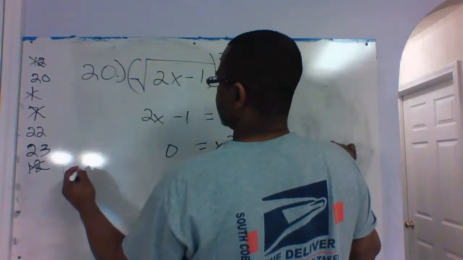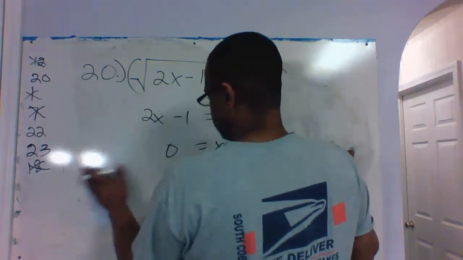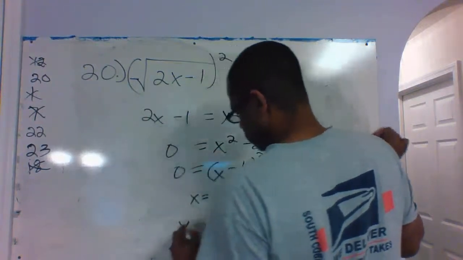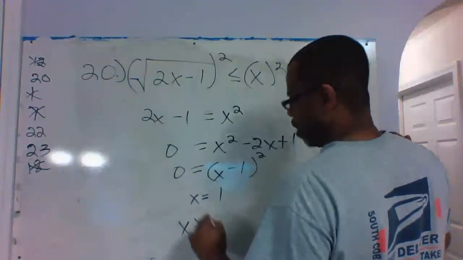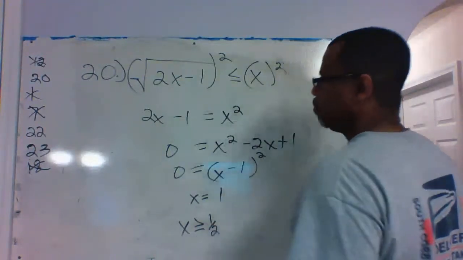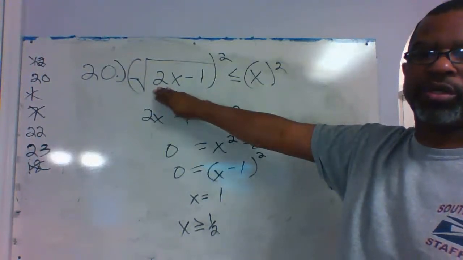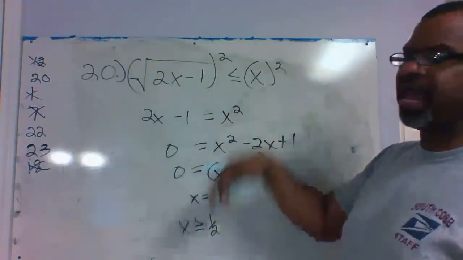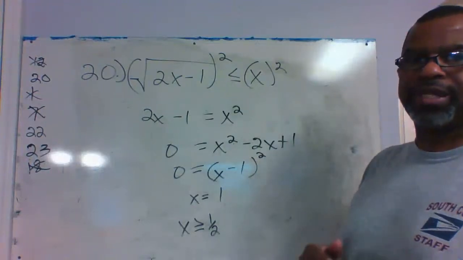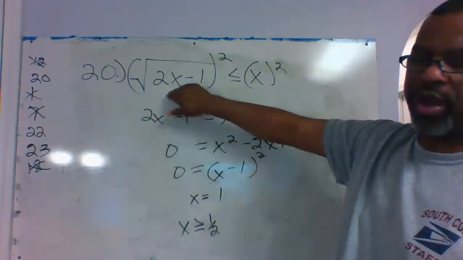So can I put 1/2 in here? That means x has to be greater than or equal to 1/2, because half of 2 is 1, and 1 minus 1 is 0. So we can't have any numbers less than 1/2 for this to be a solution under the radical.